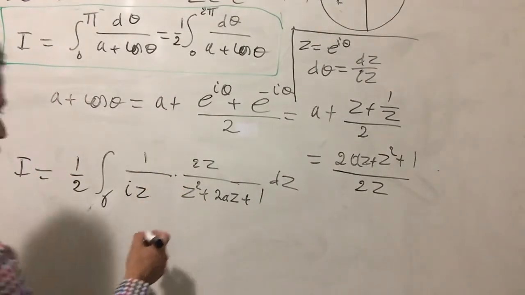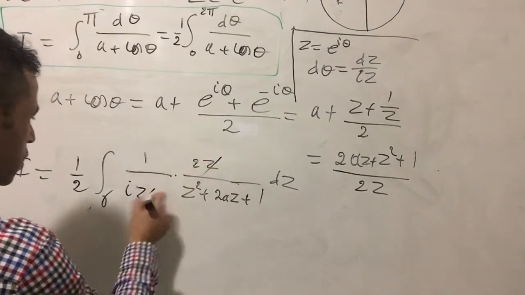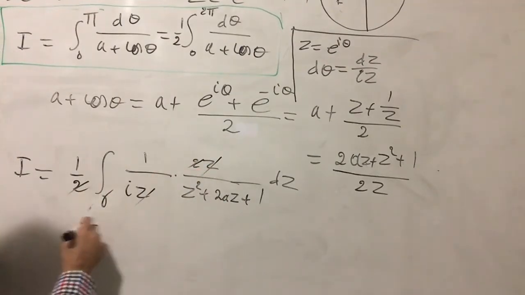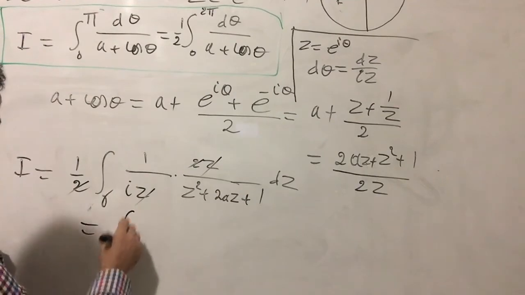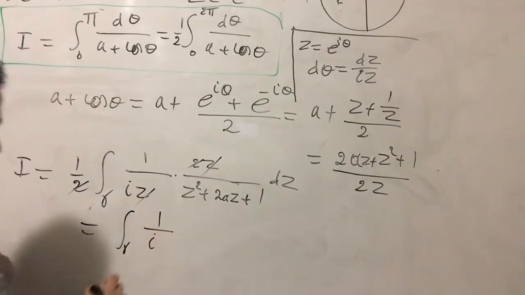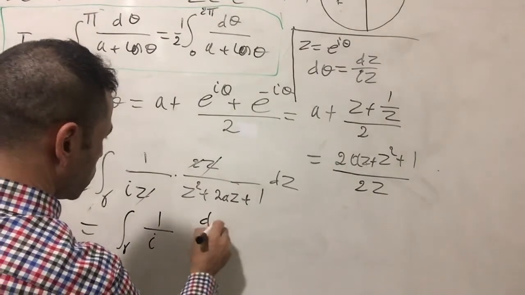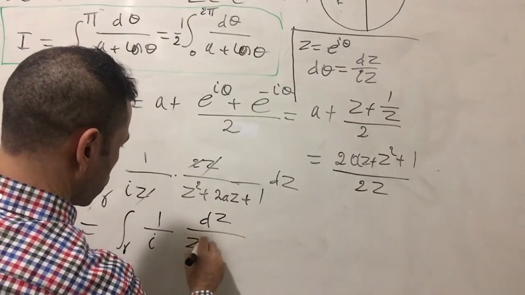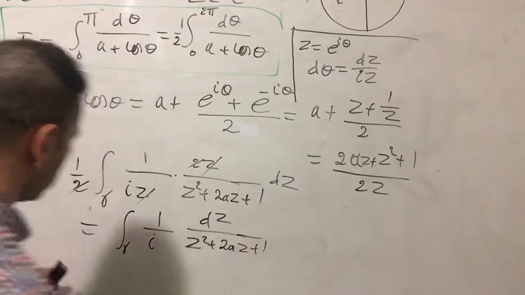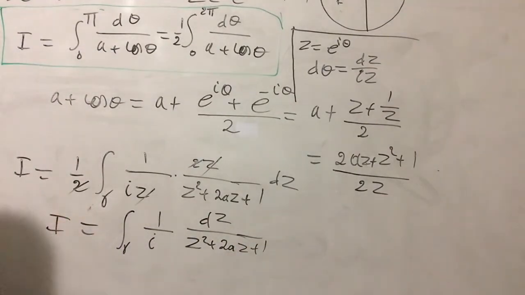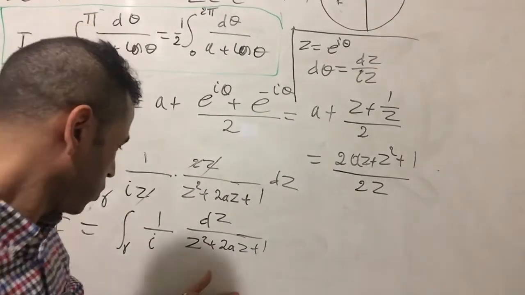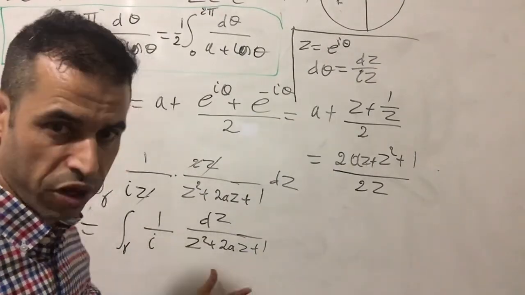I'm going to cancel out z, and this 2 with this 2, so we'll have this integral over gamma of 1 over i, dz over z squared plus 2az plus 1. This is our integral. So I have changed my integral into z now, so I'm dealing with the z variable.